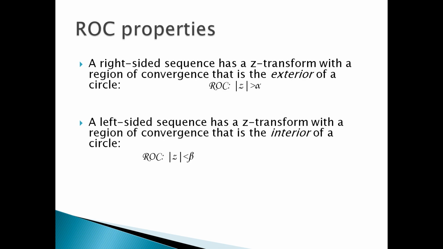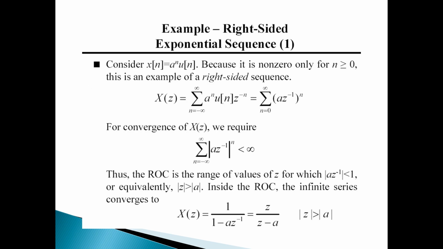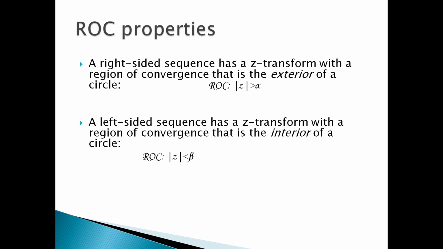If we talk about the basic properties of ROC for right-handed and left-handed sequences, we'll discuss further what these sequences are. You can see here the Z transform with an ROC will be the exterior of the circle when the ROC |z| is greater than alpha.